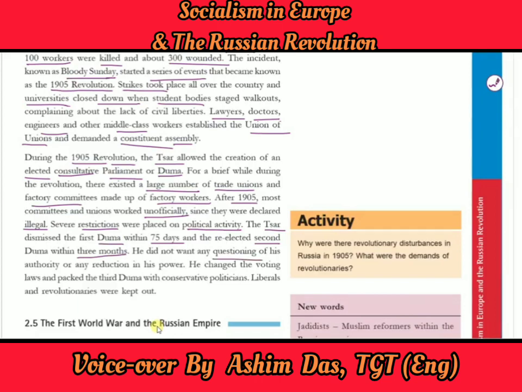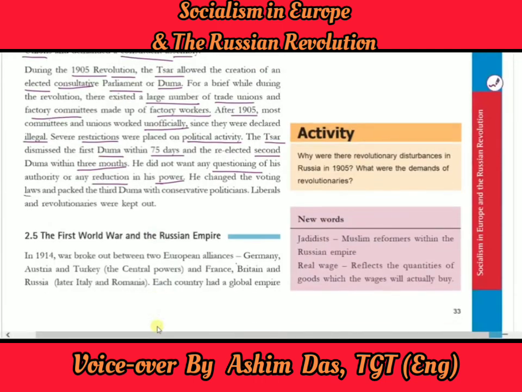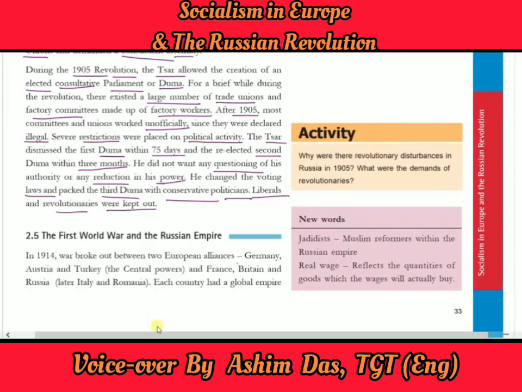Because he did not want any questioning of his authority or any reduction in his power. He changed the voting laws and packed the third Duma with conservative politicians who were under his control and would support him. Liberals and revolutionaries were kept out of that Duma.